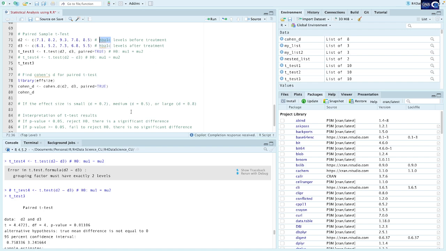It is not due to random chance. And the significant difference is statistically significant.